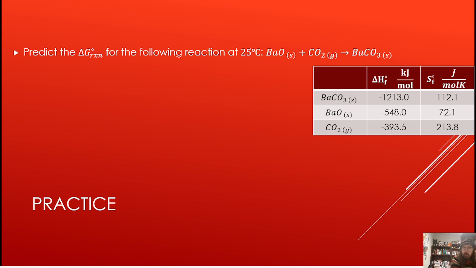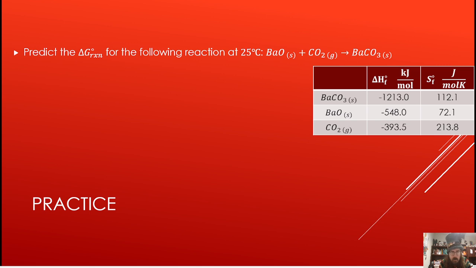One thing you should note: these solids have a significant amount of enthalpy, but very low entropy. Barium carbonate has a little bit more entropy than barium oxide because it's a more complicated molecule, but compared to CO2, CO2 as a gas is a lot more random.